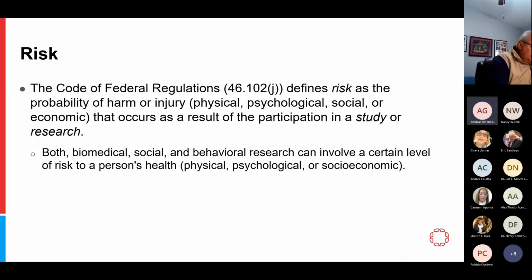Right now, we are at risk, but we are at minimum risk. Okay? Why? Because we are at risk of getting bored, of getting tired. But those are daily risks that we always have.